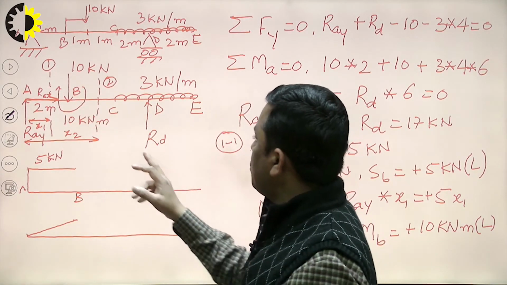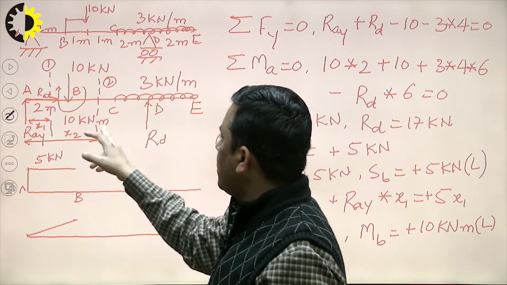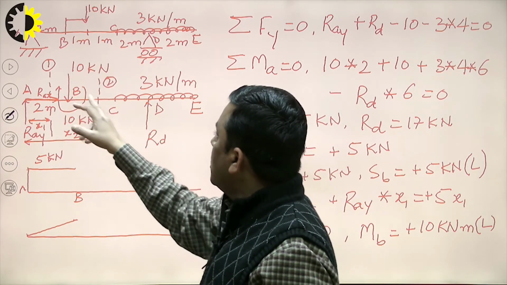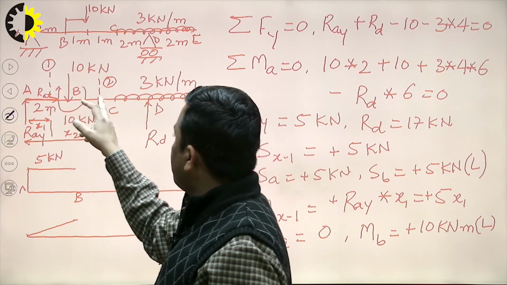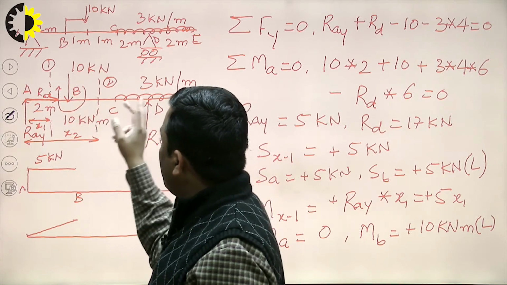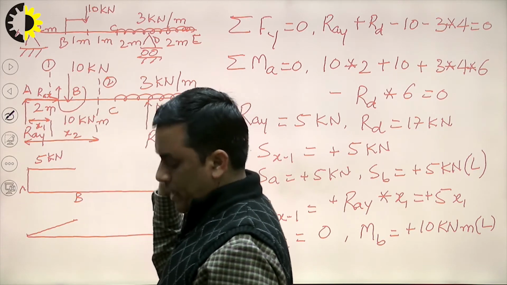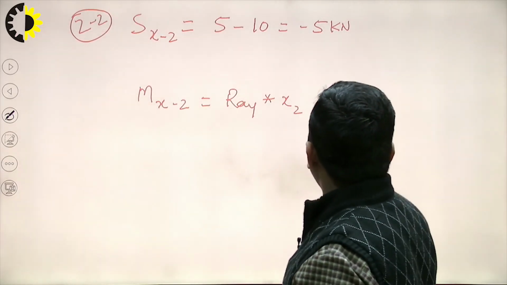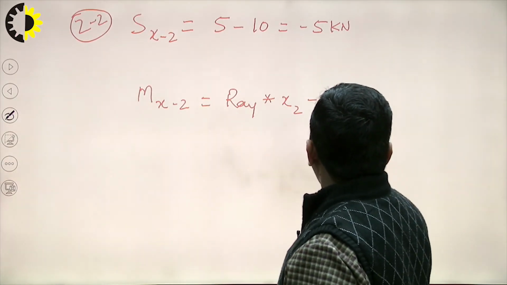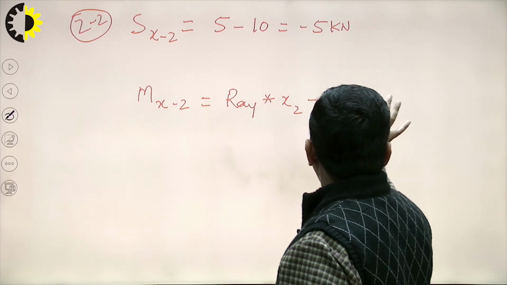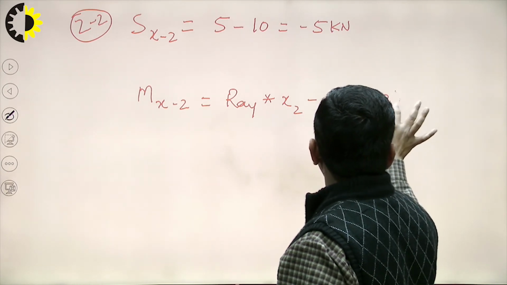So, the moment due to 10 kilonewton about section 2. The distance of the 10 kilonewton from section plane 2 will be x2 minus 2. So, minus 10 into x2 minus 2.